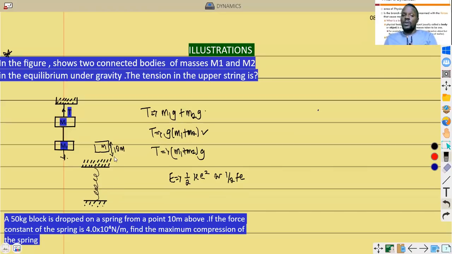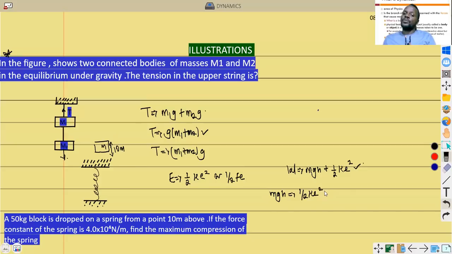So for the system, the total work done by this body is equal to the potential energy and the energy that is used in compressing, which is half ke squared. But because it is a balanced force, we say the potential energy, mgh, balances half ke squared.